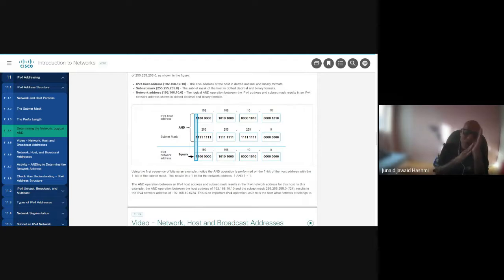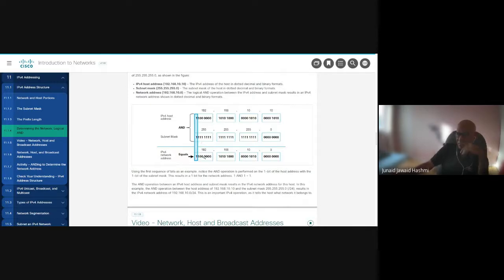But how do computers determine if the addresses belong to the same network or a different network? If it belongs to a different network, they will send it to the router. They use a process called ANDing, where you have the host address and the subnet mask, and they calculate the ANDing.